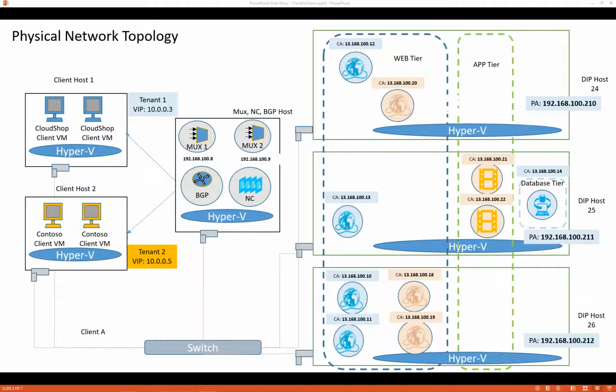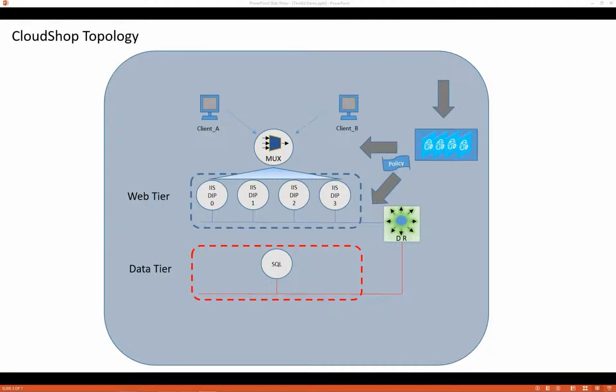Moving to the back end, we have a database tier which supports CloudShop's application. And lastly, another IIS VM instance which stores the video content and distributes it. CloudShop's logical network looks as seen on the screen in front of you.